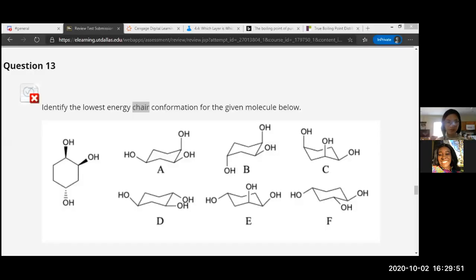Okay, so this one's not the ranking one, but this one's identify lowest chair conformation. Lowest energy, I know, would mean most stable for this. So yeah, we can work through this one. I don't know if I can draw, but let's work through it together.